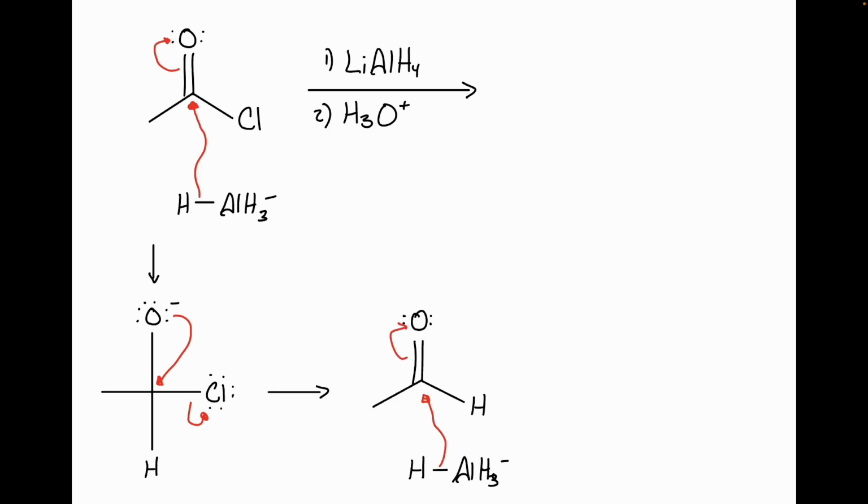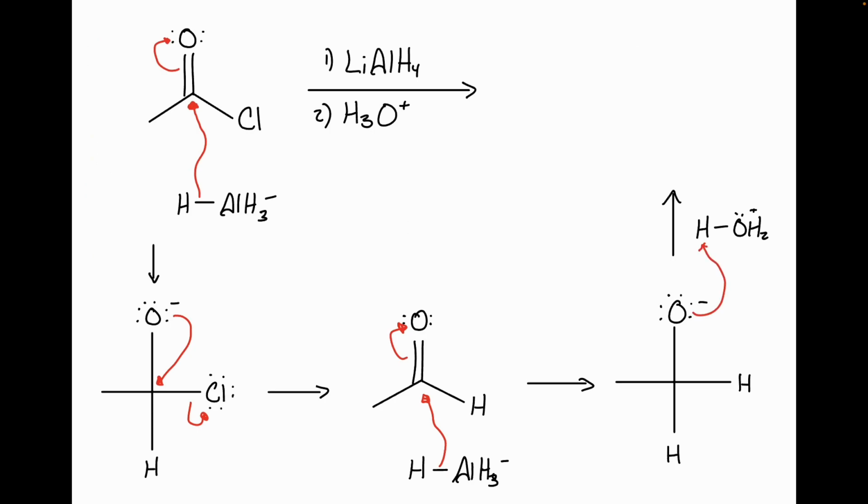That nucleophilic hydrogen is going to attack that electrophilic carbonyl carbon, creating another tetrahedral intermediate. But this time my tetrahedral intermediate is stuck. So the only thing we can do is follow it up with that acidic workup, creating that primary alcohol product.